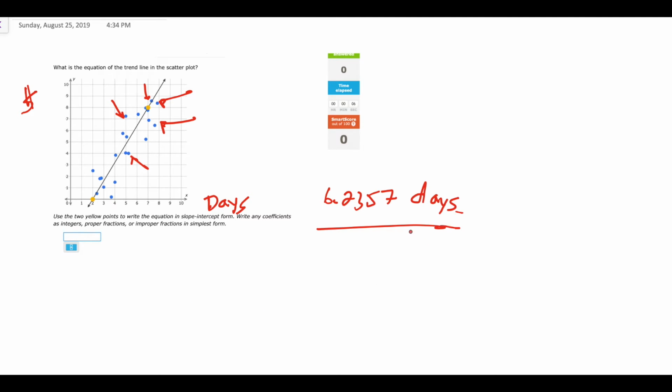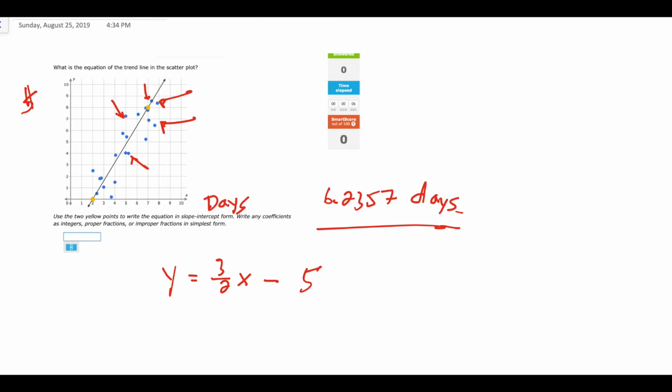So the line of best fit, if you have an equation, and I'll just make one up. Let's say the equation of this line of best fit is y equals positive 3/2 x minus 5. If you have this line of best fit, you can estimate how much money corresponds to 6.2357 days.